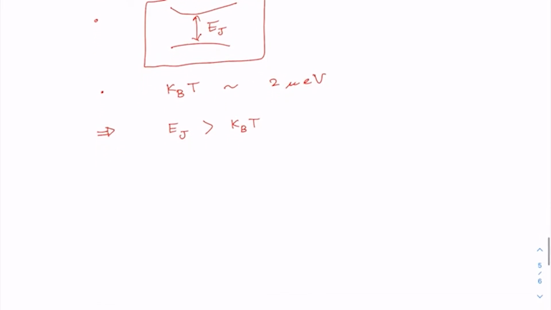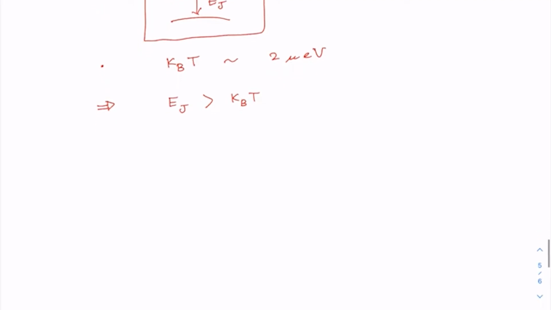Now we can very easily find out what kind of radiation is needed to couple a Cooper pair box. What I mean is, what kind of electromagnetic radiation one has to irradiate onto this Cooper pair box. Obviously this radiation energy, h cross omega, has to be equal to this gap, that is EJ.